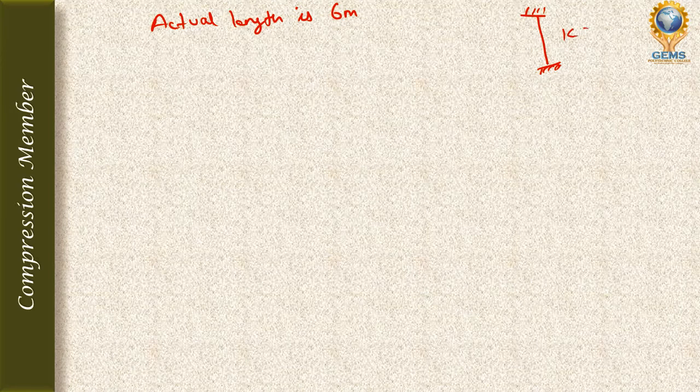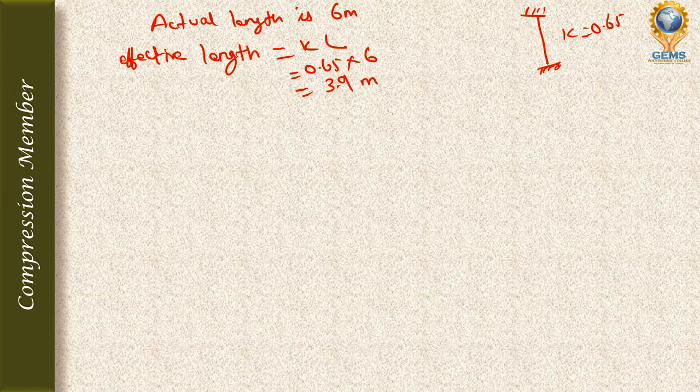So K value is 0.65. Effective length is equal to K into L, that is 0.65 into 6 meter, that is 3.9 meter or 3900 mm.